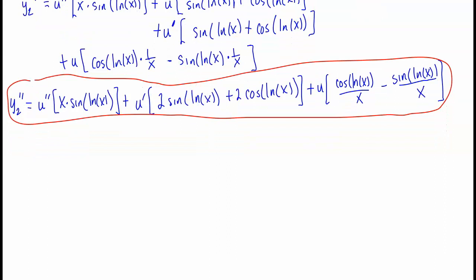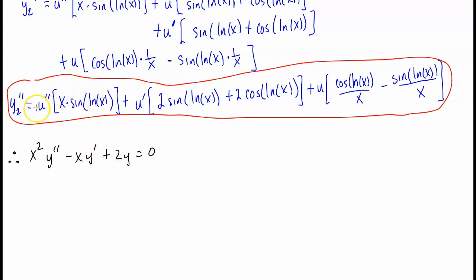So give us a little room. Therefore, our original equation was x squared times y double prime minus xy prime plus 2y is equal to 0.